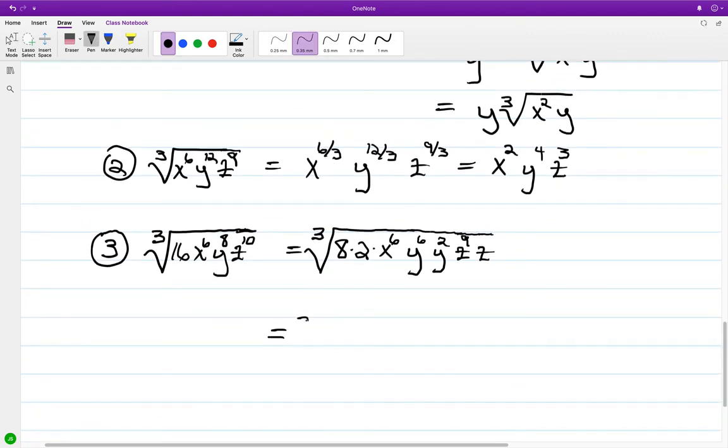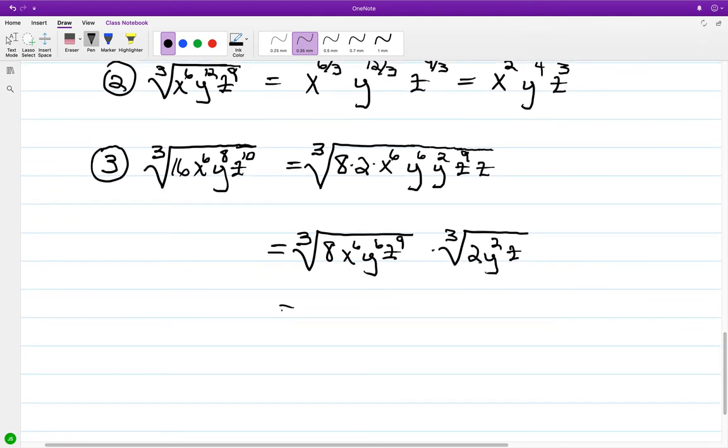So if we separate what we have here, the perfect cubes, we have 8, x to the 6th, y to the 6th, and z to the 9th. And with the others, times the cubic root of 2, y to the 2nd, and z. The cubic root of 8 is going to be 2, and a little bit of history repeating itself: x to the 6/3 is going to be x squared.